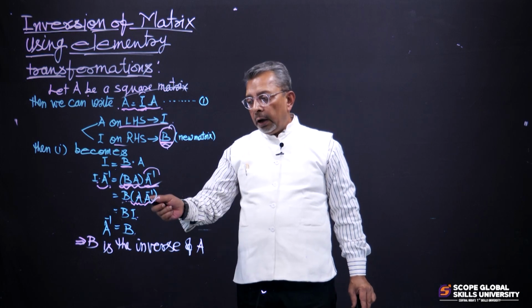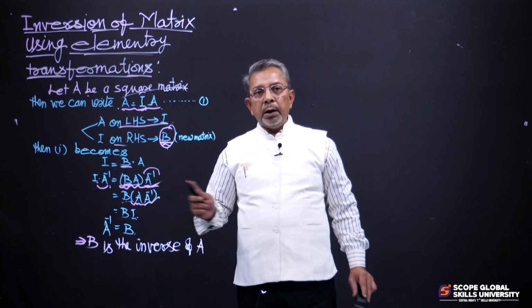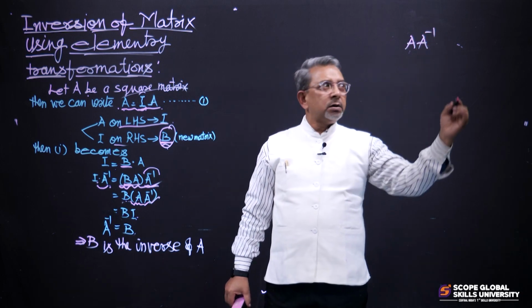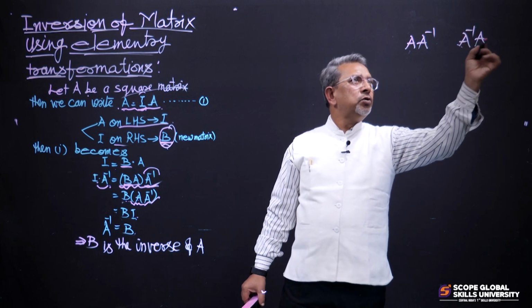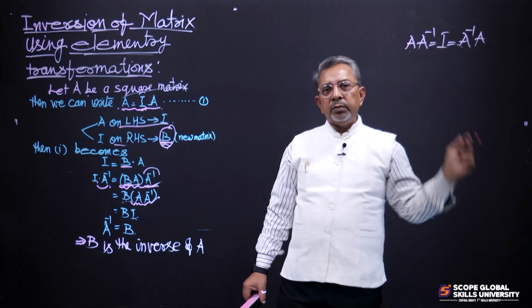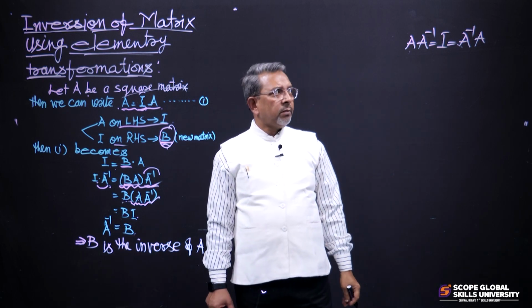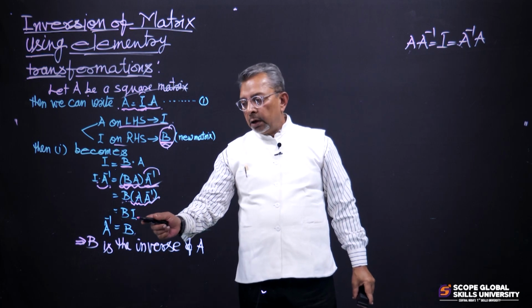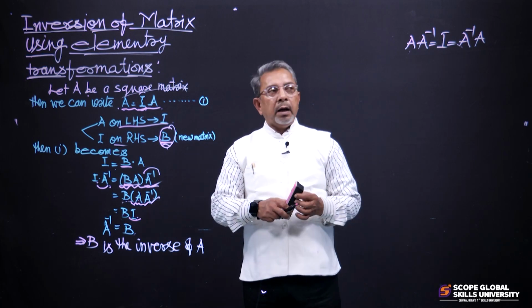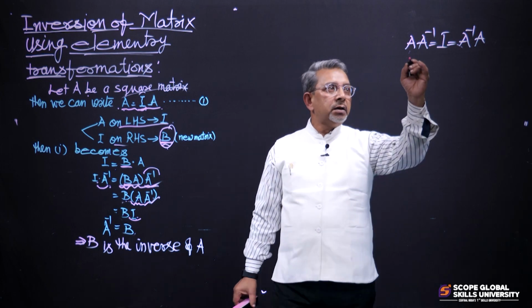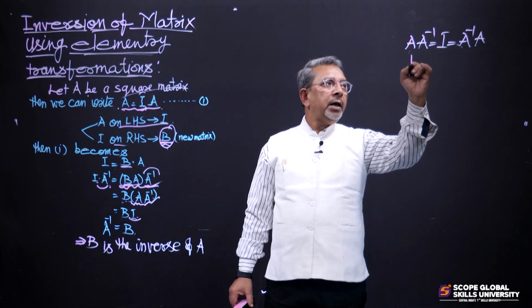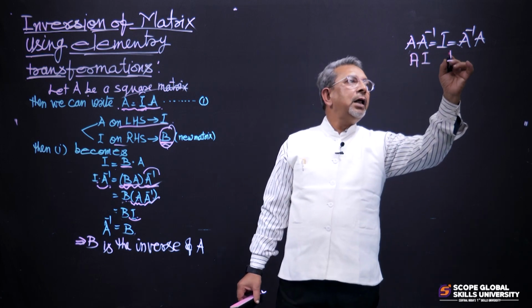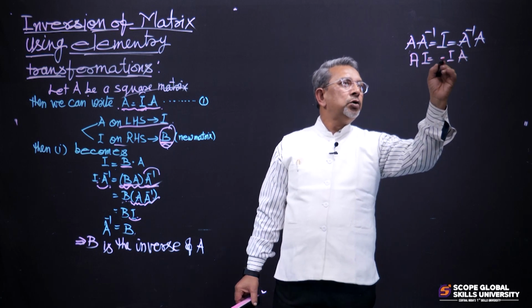And now A inverse multiplied by A, or A multiplied by A inverse, both always give you the identity matrix of the same order as A. So here A into A inverse gives you the identity matrix, and we will use the next result of matrices, that any matrix multiplied by identity, or identity multiplied by any matrix, gives you the same matrix.